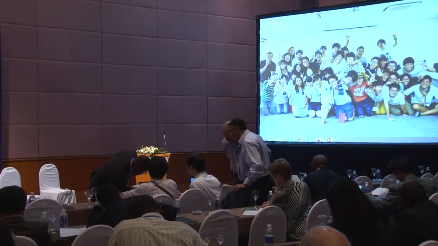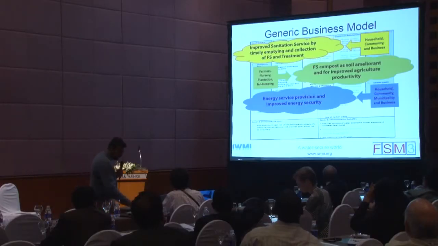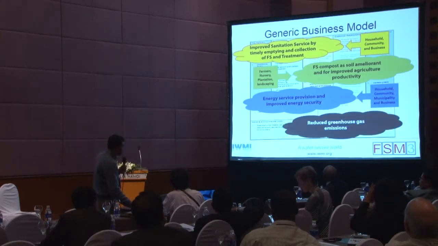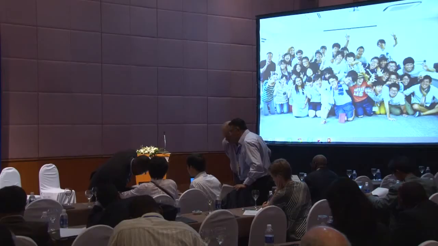Again, fecal sludge has energy in it, so energy can be generated to improve energy security, and your customers are household, community, municipality, and business. And since you're treating fecal sludge, you can potentially capture carbon. The revenue you can capture is from sanitation service, sale of compost, sale of energy, and carbon credits.